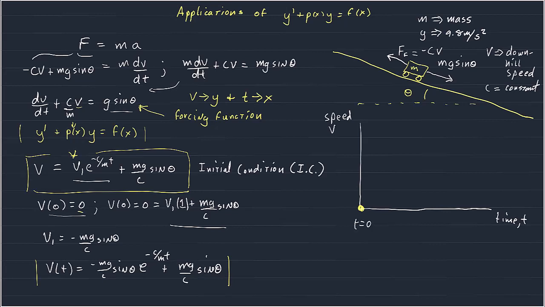So this is our starting point. When t is infinity, when t is really large, then we're raising e to the minus large number. So that makes this term equal to 0.